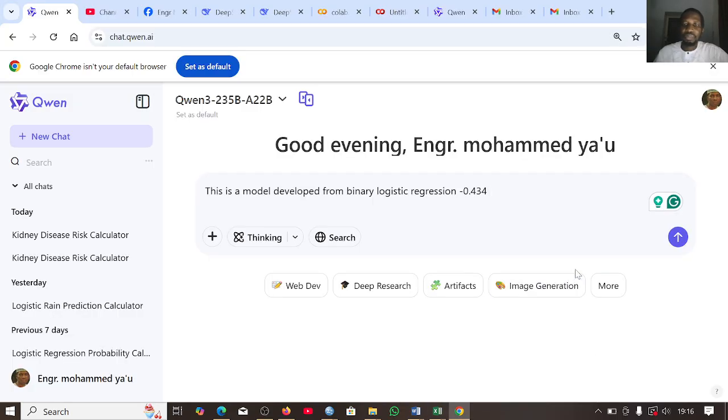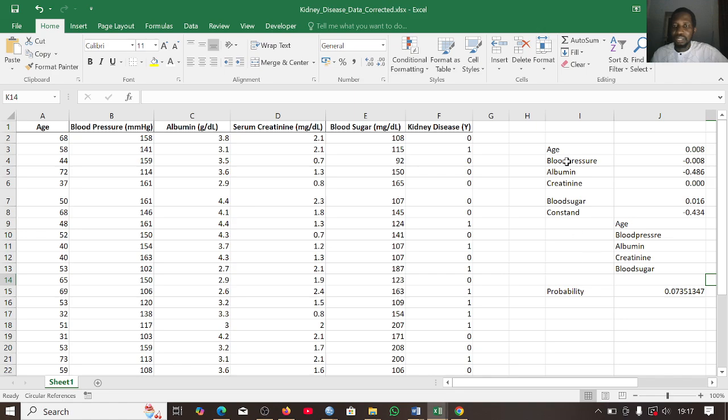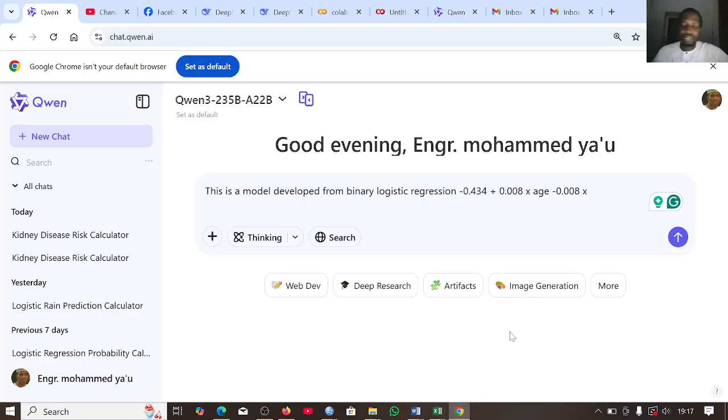So I can now say plus 0.00h multiplied by the age of the patient, then minus 0.00h multiplied by the blood pressure of the patient.